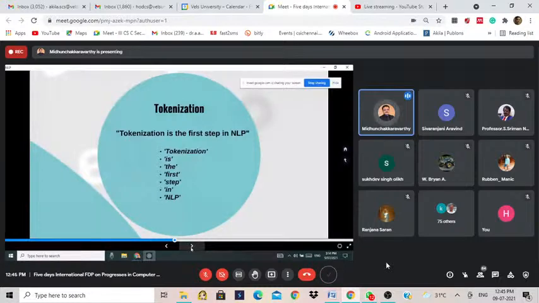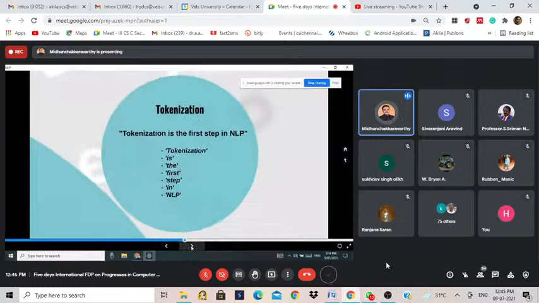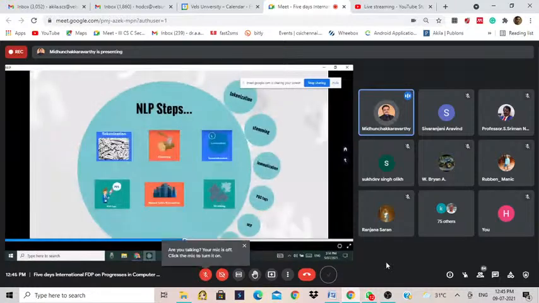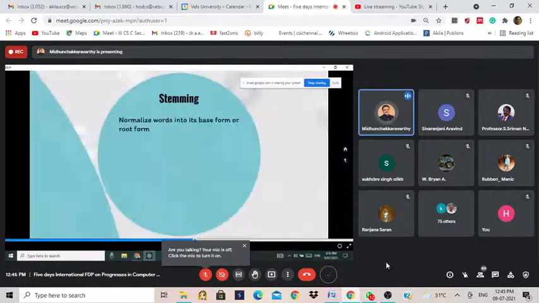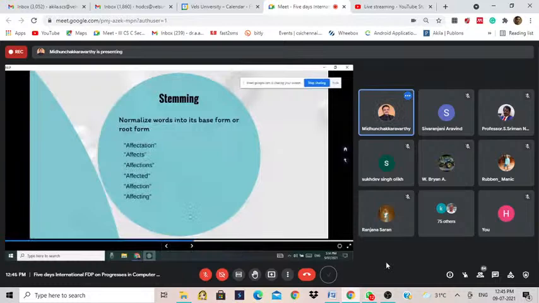Once the word is tokenized, then we move on to the stemming process. Here the stemming process will give the root word of the information. You might have seen affection, affects, affections, affected, affecting. The root word is affect. Whatever term you give, with adjectives, with continuous tense or any tense, it will analyze and retrieve only the root word.